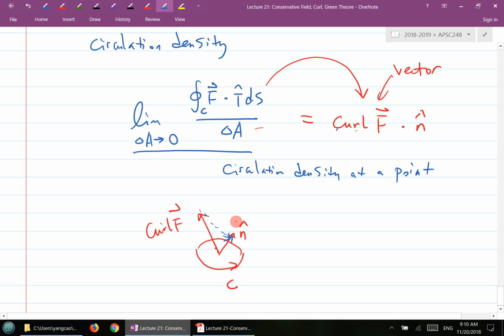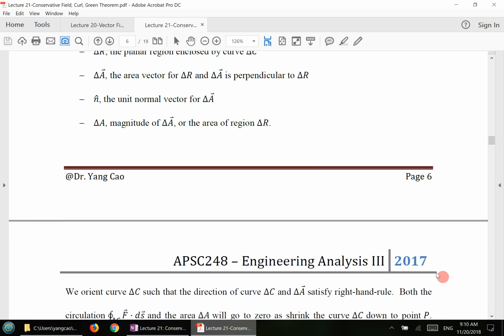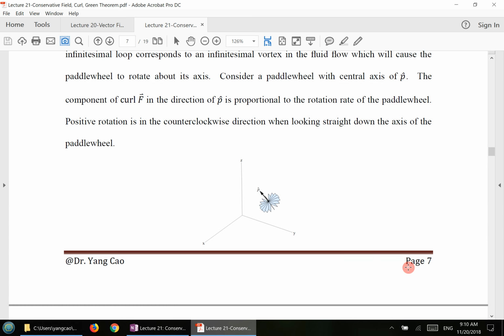Is that good? Okay. So let's get back to the rotational idea. Here is a little demonstration. If I have a paddle wheel and I'm interested in measuring the wind velocity, and I want to measure the maximum wind velocity, what do I have to do?